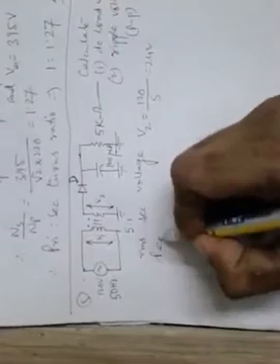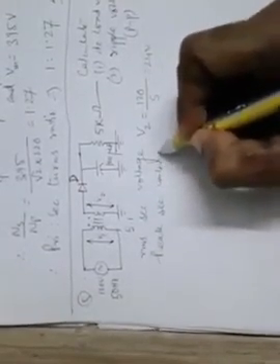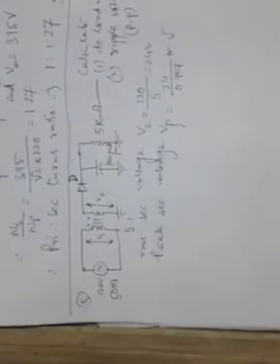Now the peak secondary voltage can be found from the RMS voltage by multiplying by root 2, sorry, the peak voltage Vp or Vm is 24 multiplied by root 2, that is 24 divided by 0.707. So this will give 34 volt.